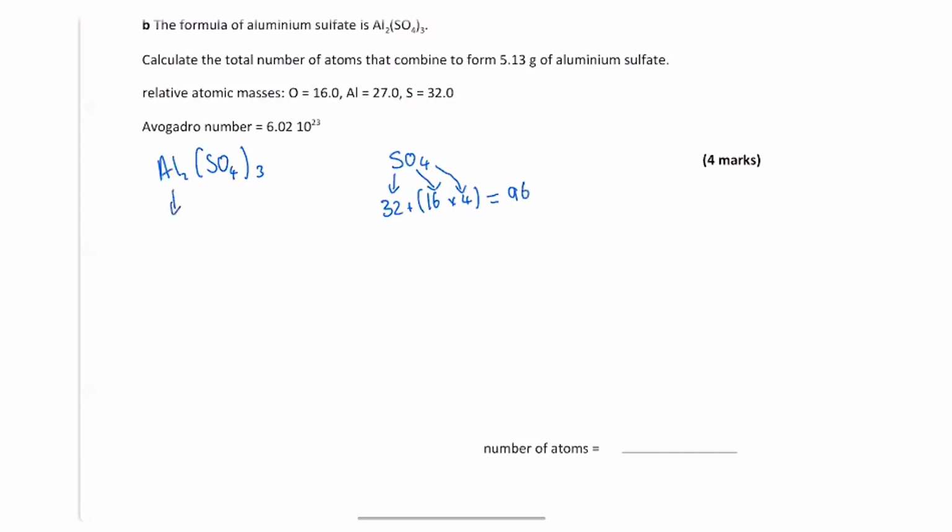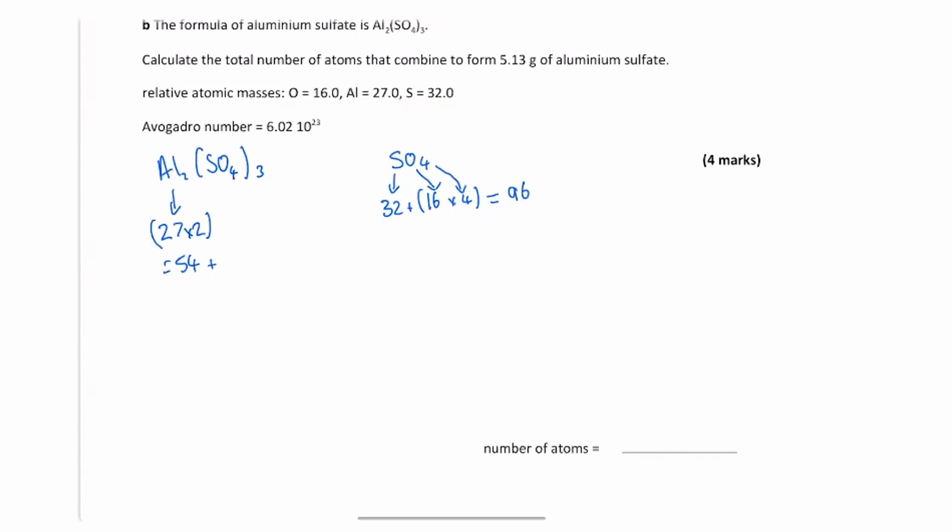And then we have aluminium over here, that is 27. That is going to give us 54. Now, we actually have 3 lots of the sulfate, remember?